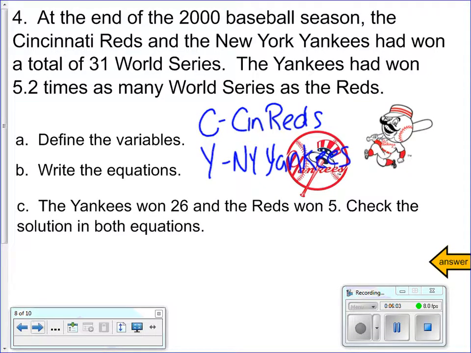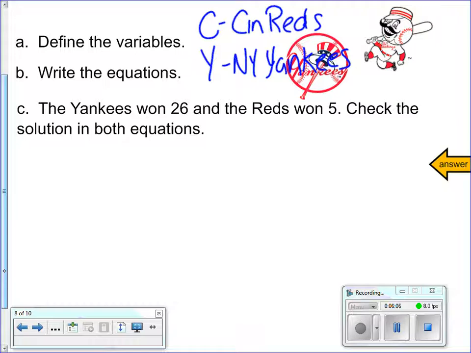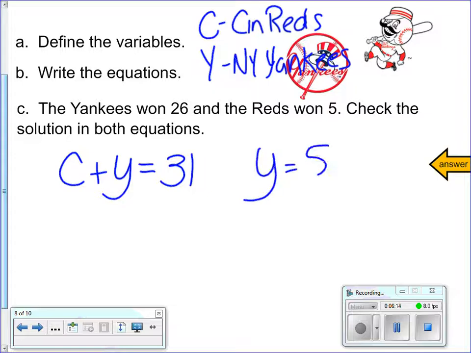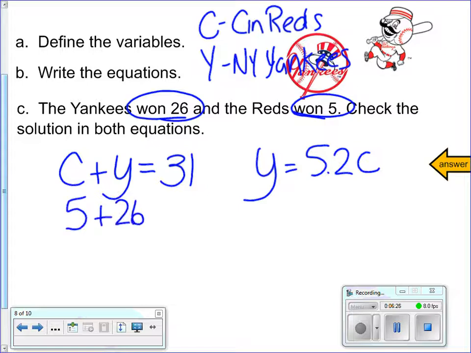My two equations: Cincinnati plus the Yankees is equal to 31 games. But the Yankees won 5.2 times as much as the Cincinnati Reds. Then it says the Yankees won 26 and the Reds won 5. Let's check. It should equal 31. 31 equals 31.